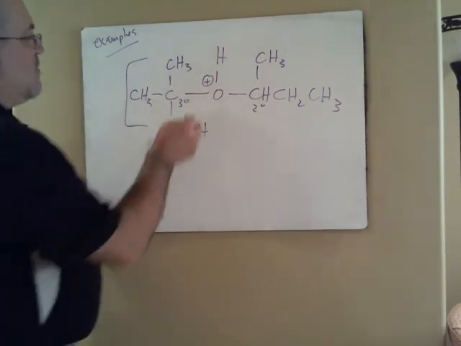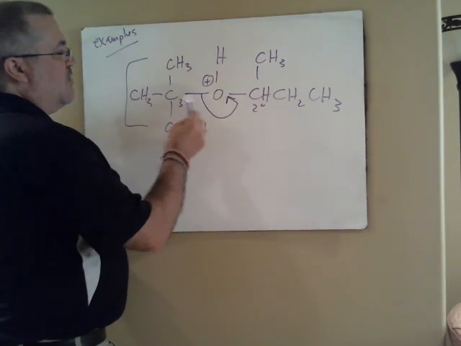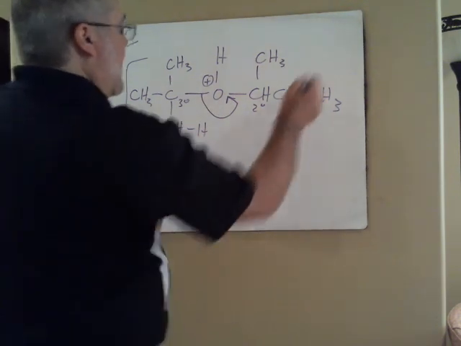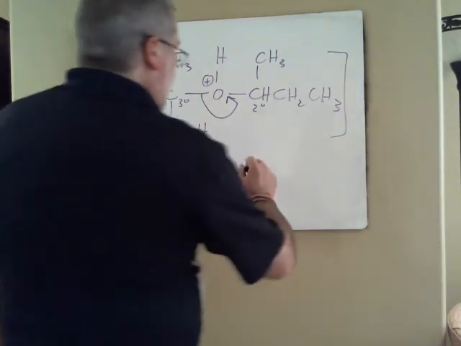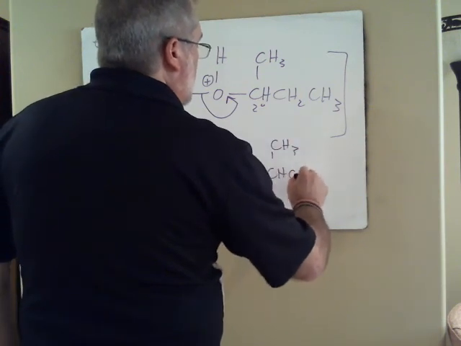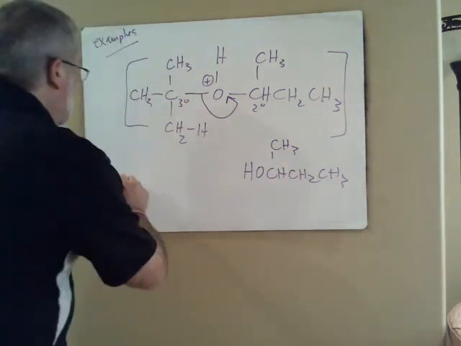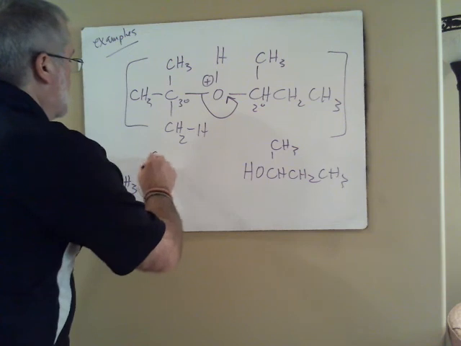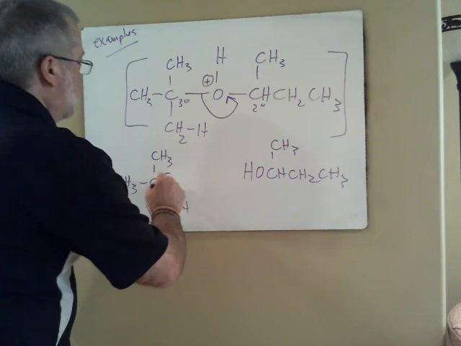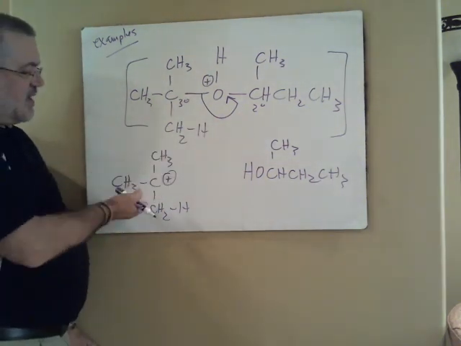And so basically I'm going to spontaneously dissociate and break this bond, move the electrons to the oxygen. And so when I do that, I'm going to form this alcohol, right? But then over here, I form this carbocation, because I've spontaneously dissociated to get this carbocation.